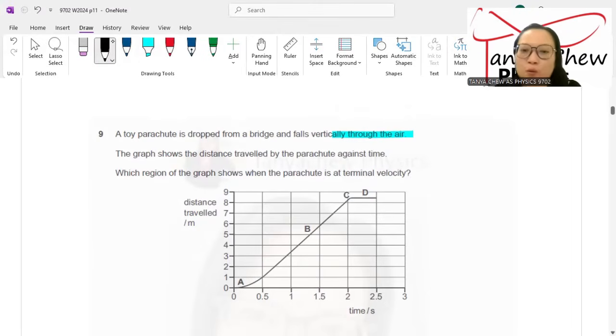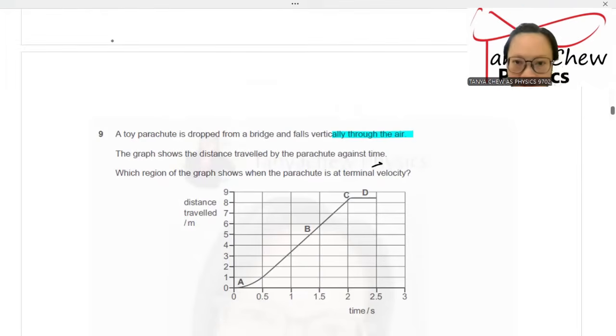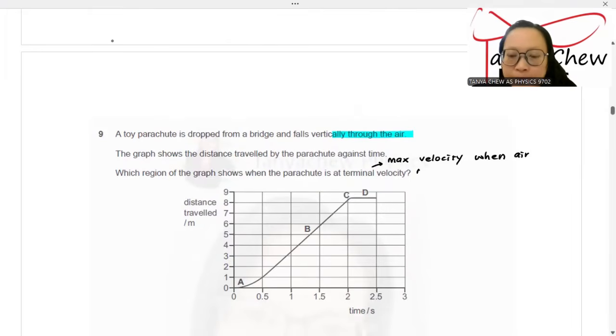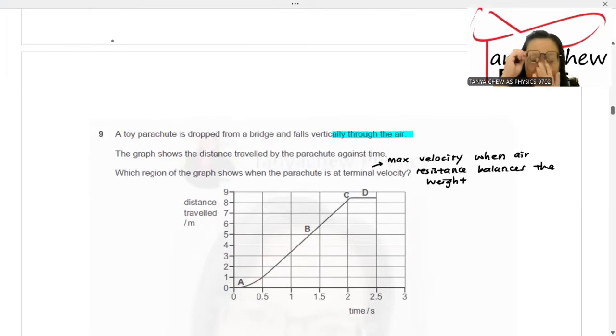Now, do you still recall what is terminal velocity? Let me define it. Terminal velocity means maximum velocity, the maximum velocity reached by the toy parachute when air resistance balances the weight of the toy parachute. So no net force, no acceleration, no resultant force, constant velocity.